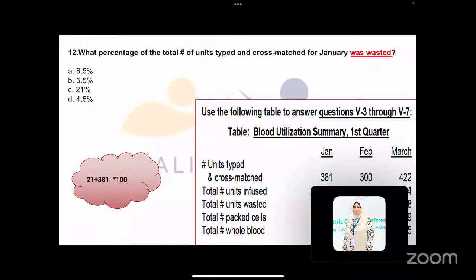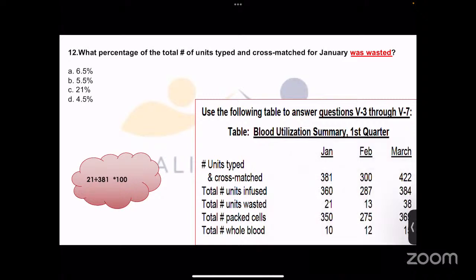Number 12, what percentage of the total number of units typed and cross-matched for January was wasted? Letter A, 6.5%, B, 5.5%, C, 21%, and D, 4.5%.